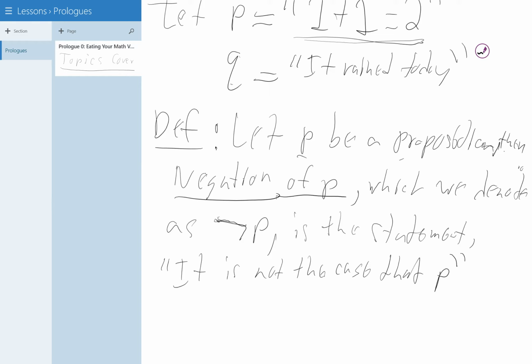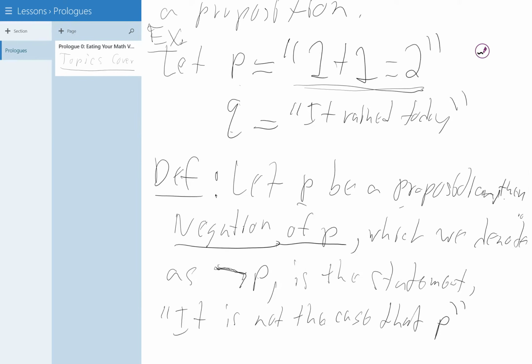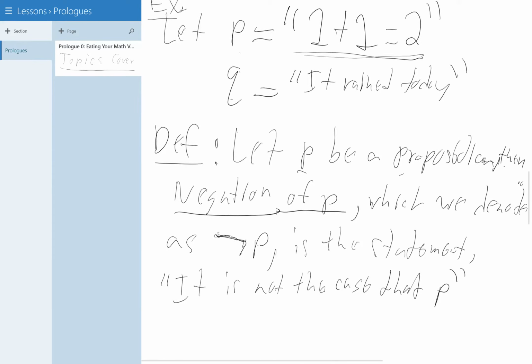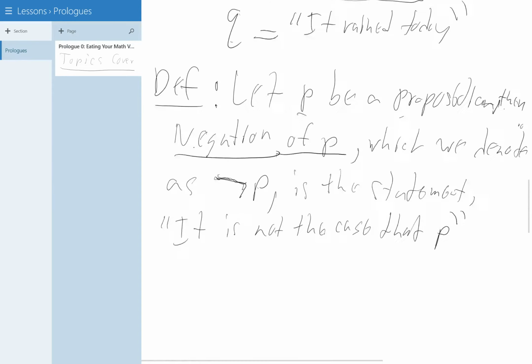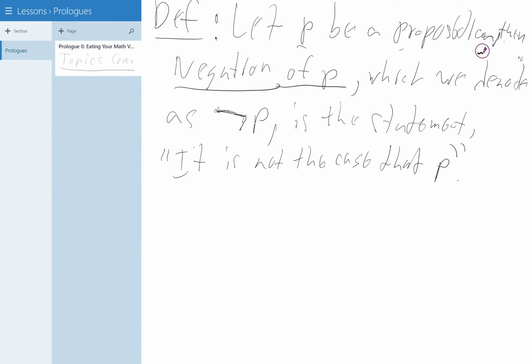I'll refrain from using those terms for now until we get to functions. But basically, what this negation operator does is you give it a proposition, and it spits out the opposite of that propositional sentence. So if the proposition was 1 plus 1 equals 2, the negation gives it is not the case that 1 plus 1 equals 2, which is the opposite statement.